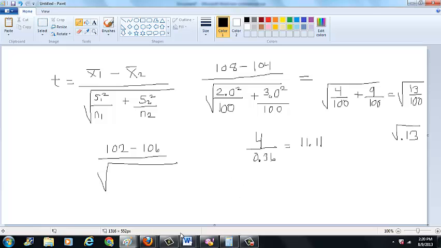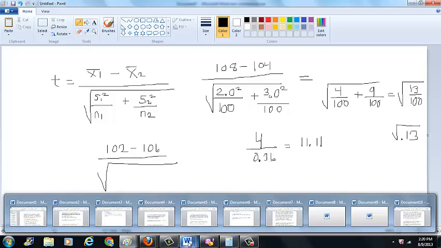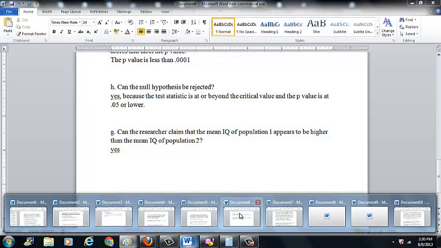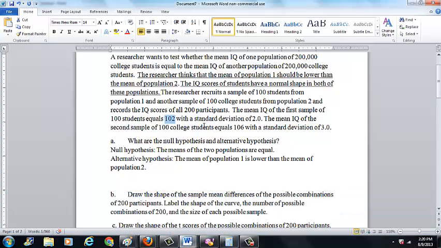We have to find out what our standard deviations are again. The first sample had a standard deviation of 2. The second sample had a standard deviation of 3. And both samples had 100 people.